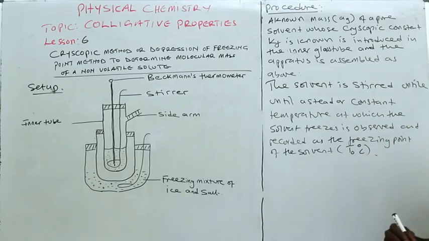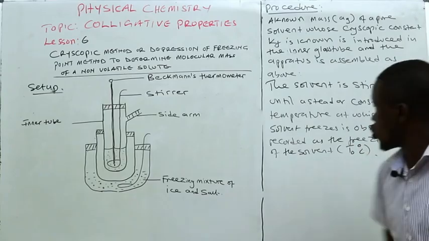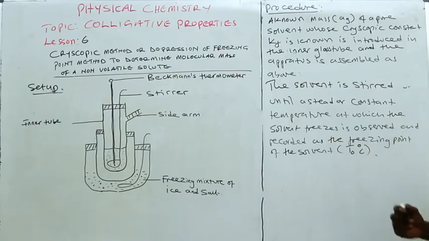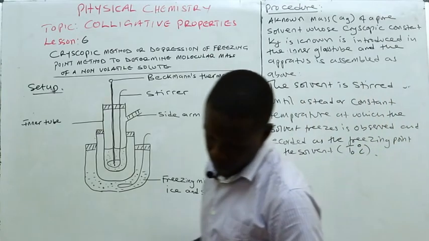So we are saying the solvent is stirred until a steady or constant temperature at which the solvent freezes is observed and recorded as the freezing point of the solvent.